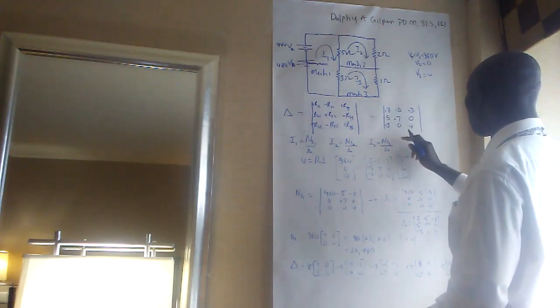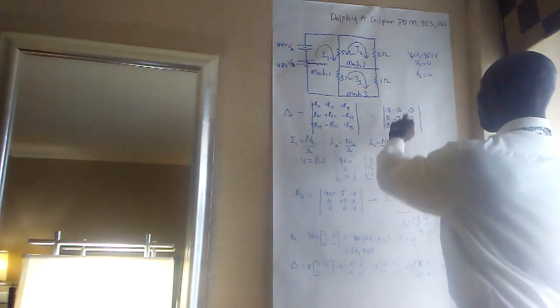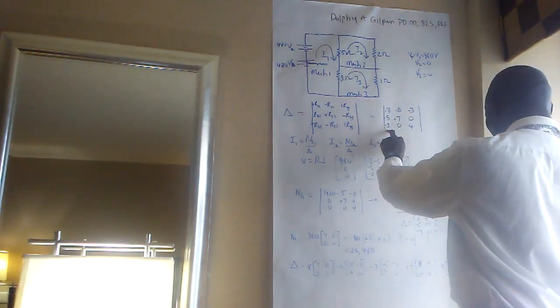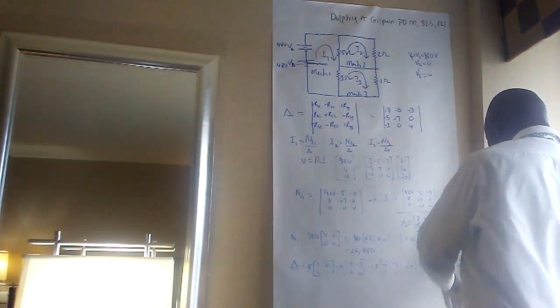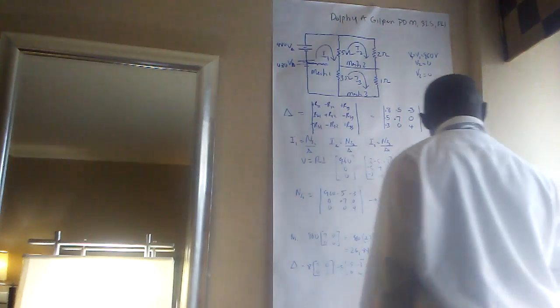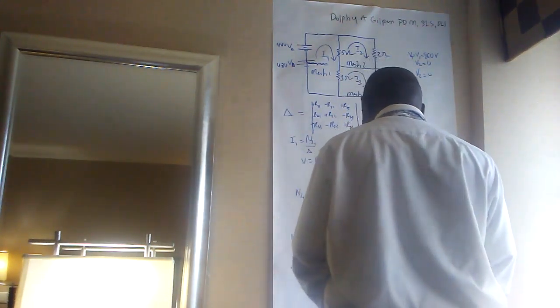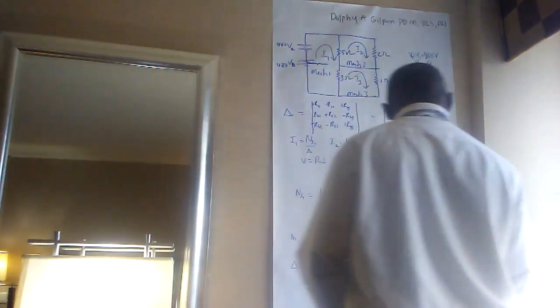That's minus 5, right? Minus 5, minus 3, 0 and 4. So this is supposed to be 0. And 0 is neither positive nor negative. Therefore, if you subtract or add it, it has no value on the outcome.